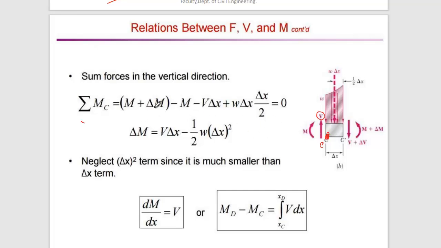So M into dM, this is anti-clockwise, so this should be minus, right? Anti-clockwise with respect to C. Yes, it will be minus. Do you know how to consider clockwise or anti-clockwise?